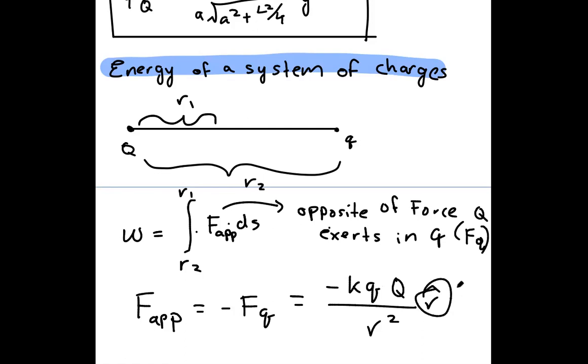And R hat is radially out from Q. So it's in this direction. This is R hat.